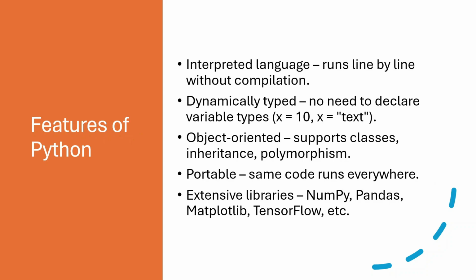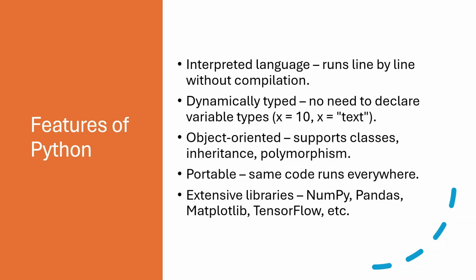So what are the features of Python? It is an interpreted language, running line by line without compilation. It's very simple. When I do the hands-on, you will see the play button, and once we click on it, the code will run. It is dynamically typed, with no need to declare variable types: x is equal to 10, x is equal to text.